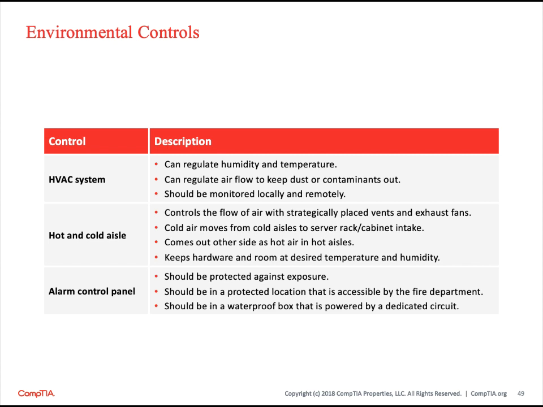So cold air is going to travel from a cold aisle in front of the server rack or the cabinet to an intake, and then it's pushed out the other side of the racks where it comes out as hot air exhaust, right? Those are the hot aisles. The cold aisle usually comes from the floor and then up and out. So we want to keep hardware at our desired room temperature and humidity, and that is one of the ways we are going to do it with that hot and cold aisle.